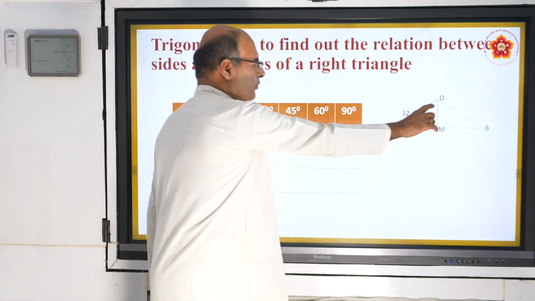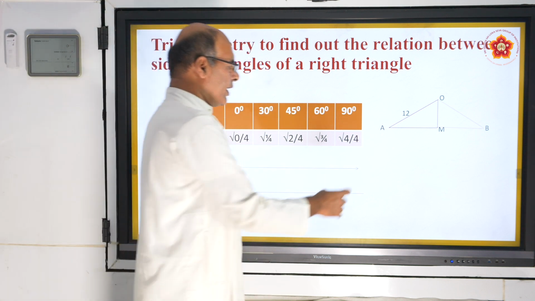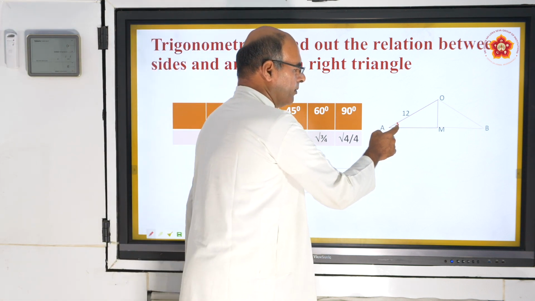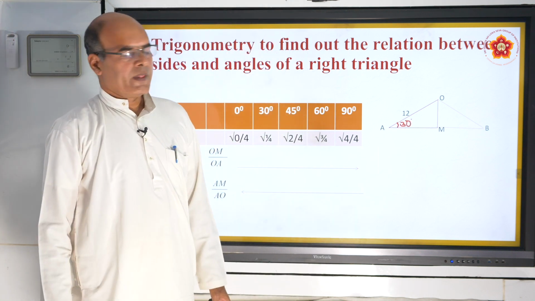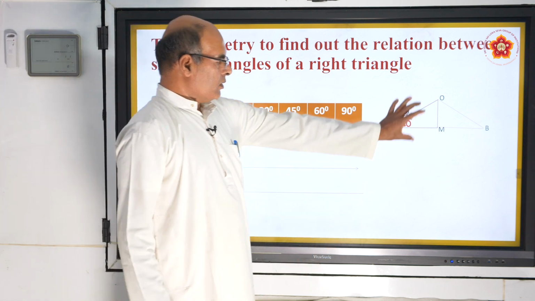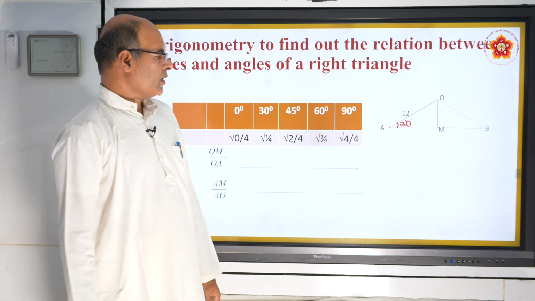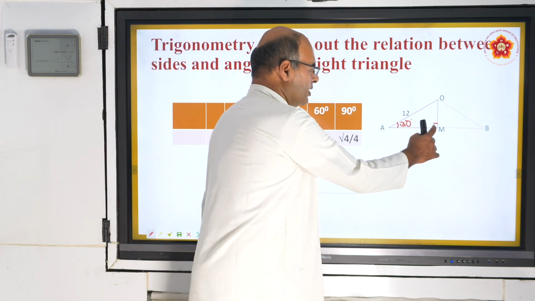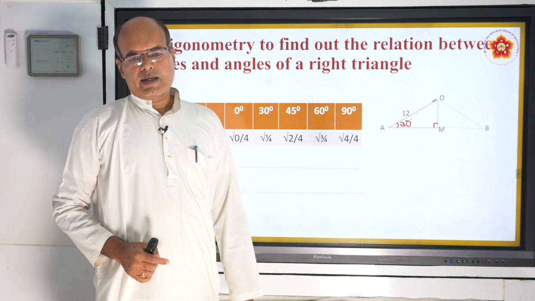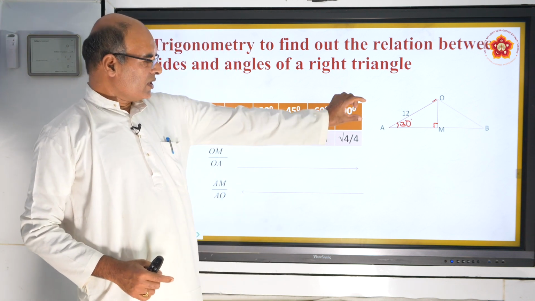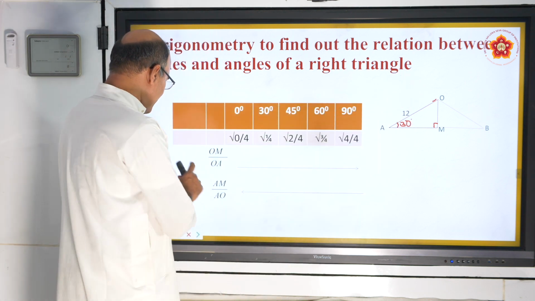Here the ratio of OM by OA in any right angle triangle, if I take this angle, if it is 30 degree, then OM is half of the hypotenuse. For this 30 degree, this is the opposite side, and it is the hypotenuse of the right angle triangle. So this ratio opposite divided by hypotenuse is called sine of an angle.